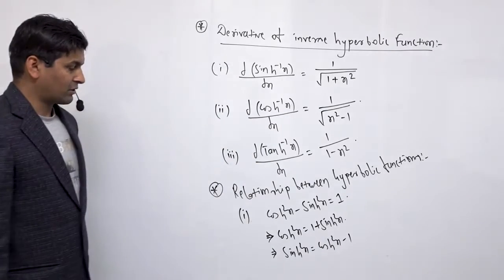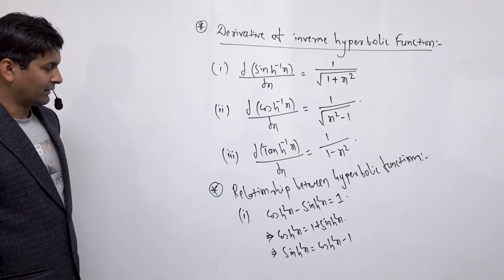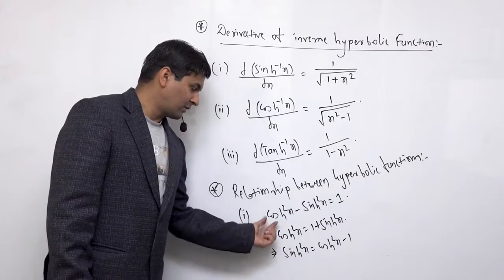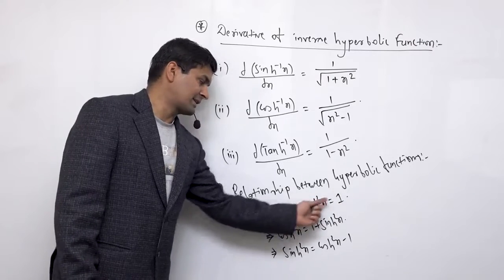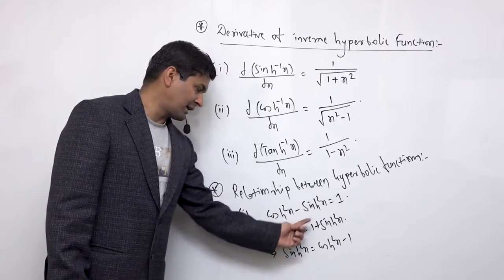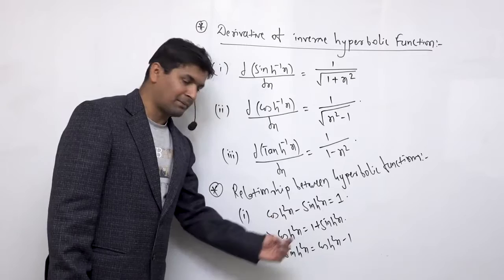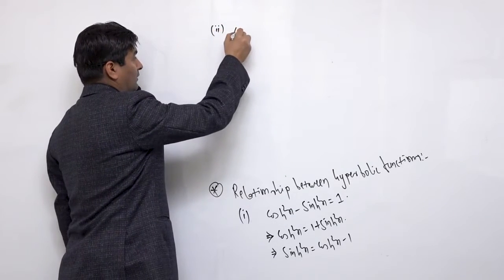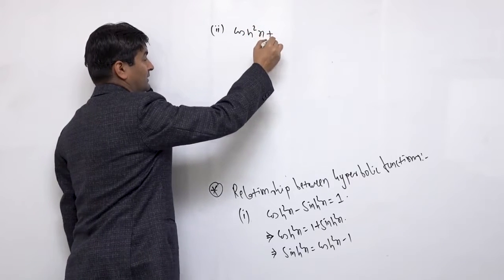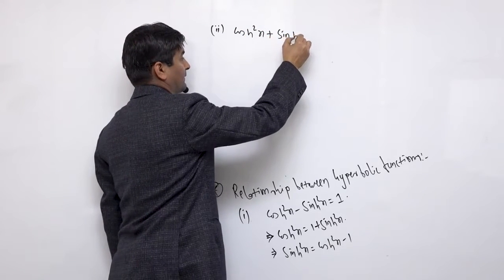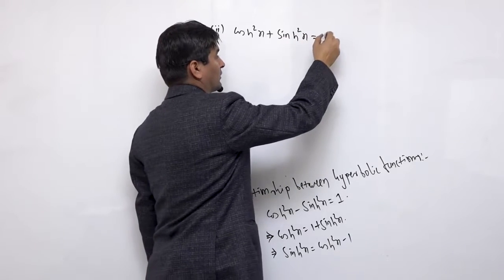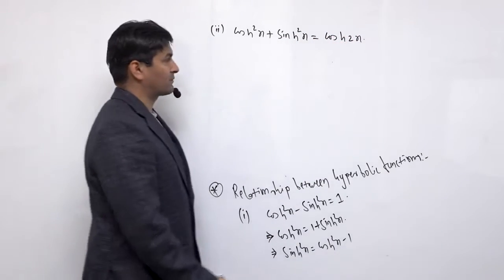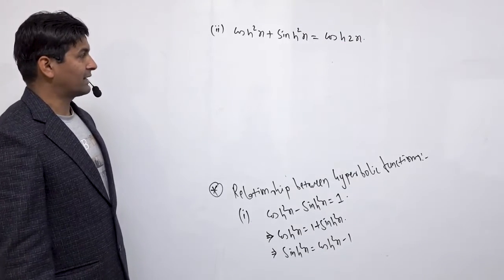Second relationship is cos h square x plus sin h square x equals to cos h 2x.